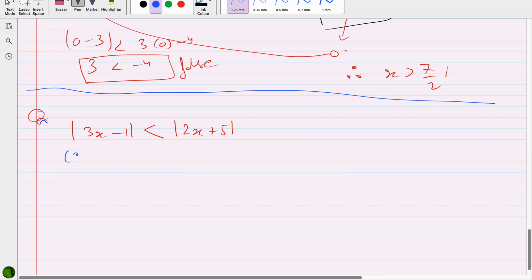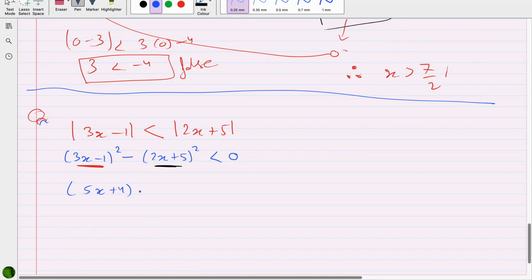And we write 3x minus 1 whole squared minus 2x plus 5 whole squared is less than 0. Now suppose this whole is a and this whole is b. So a plus b is 3x plus 2x, which is 5x, minus 1 plus 5 is plus 4.